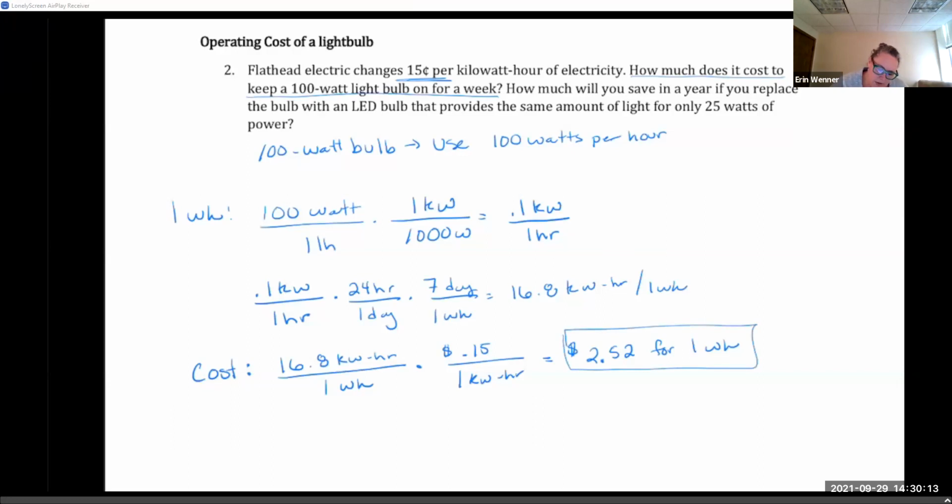And the second question is how much will you save in a year if you replace the bulb with an LED bulb that provides the same amount of light, but for only 25 watts of power? Would you have to find out how many weeks in a year? Yes, and I can tell you that. I'll be nice. There's 52 weeks in a year.